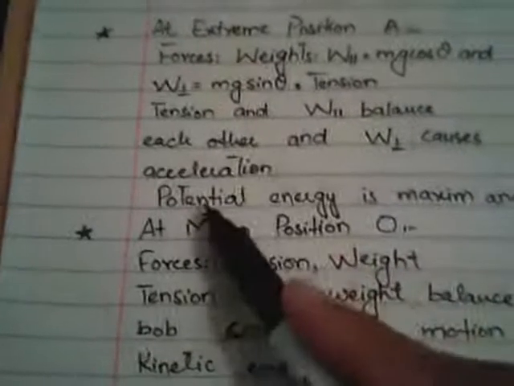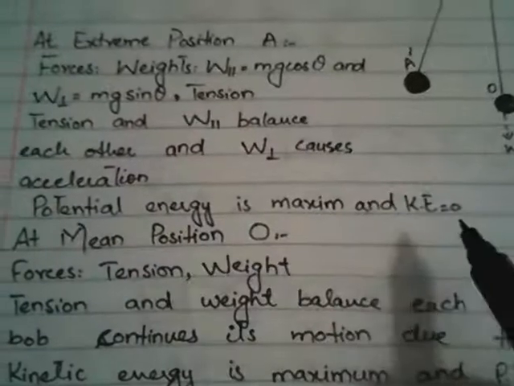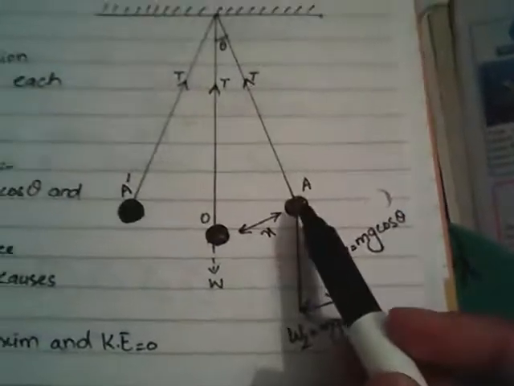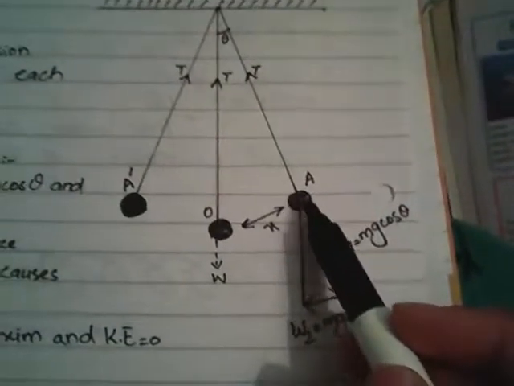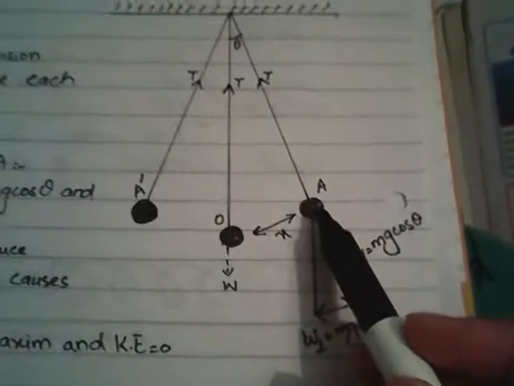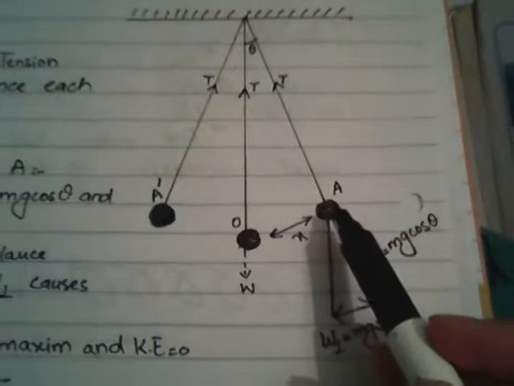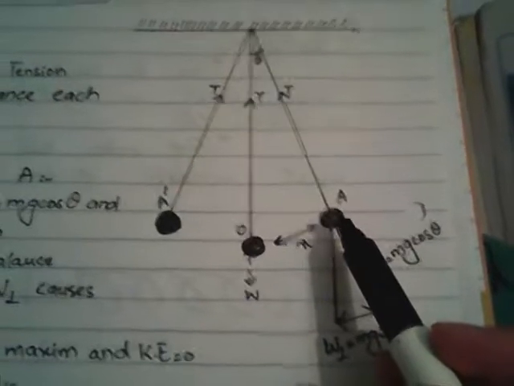At the extreme position, the potential energy is maximum and kinetic energy is zero. Potential energy is maximum because at point A the bob is at the maximum height, and kinetic energy is zero because there is no motion at all.